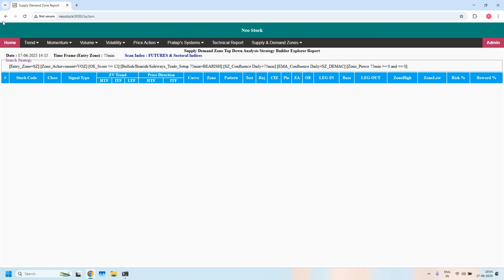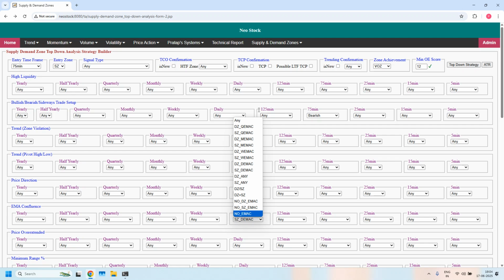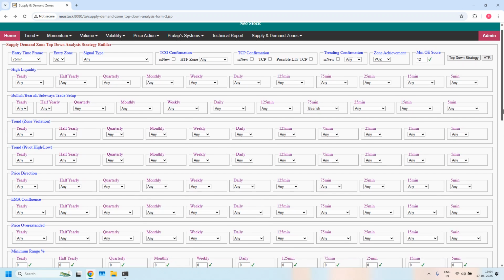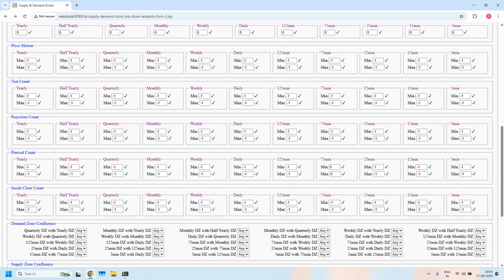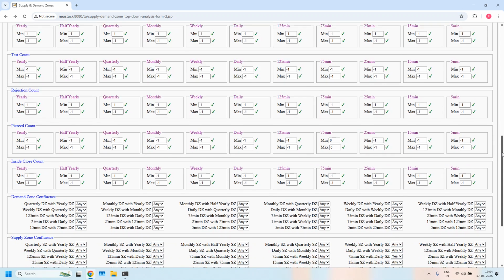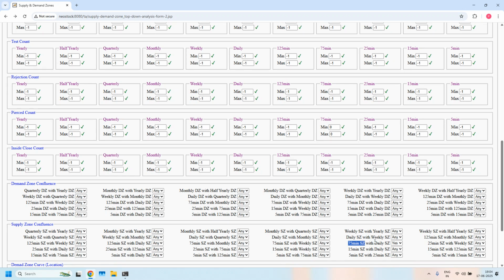Let us check whether it is having HTF confluence. That is a weekly confluence. So 75 daily and weekly supply zone confluence. 3 filters I am setting. First filter is already enabled. Some mistake. Sorry, this is demand zone. Sorry, right. 75 minutes supply zone with daily supply zone already enabled.